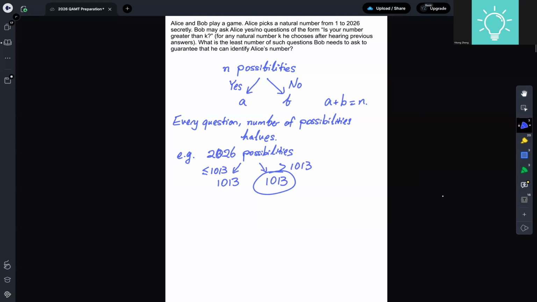So for example, if the answer was greater than 1013, we've got that. And then after that, we can always split into two groups, yes or no. And the strategy is try to make them as even as we possibly can, right? So maybe we can make one of these 506 and 507. Of course, 1013 is odd, so we can't do much here.